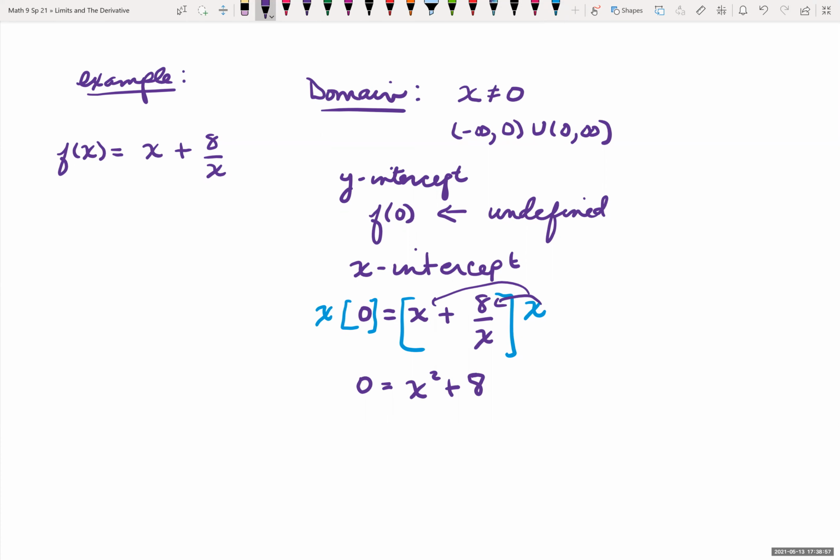So if I get rid of the 8 and put it on the other side, I can use my square root method, and I get x squared is -8. I notice right here when I use my square root method, I have plus or minus the square root of a negative number, which is not real. It's imaginary, it is a number. And so this means it does not cross the x-axis.